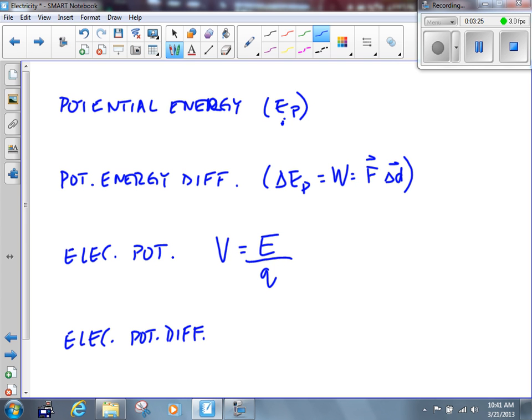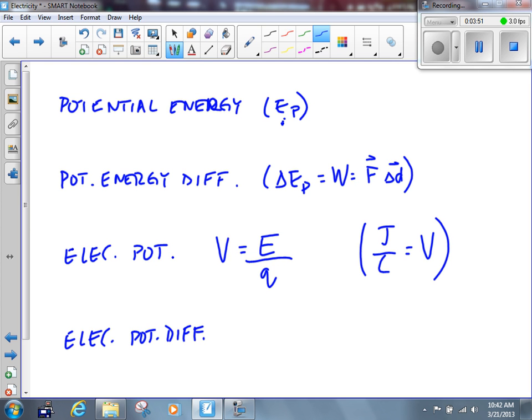One from the equation, and one slightly different. What units do we get from this equation if you look at E over Q? Joules per coulomb, right. And a joule per coulomb is also equal to 1 volt. So 1 volt, 1 capital V, is the unit for potential, which the symbol for that is also V.